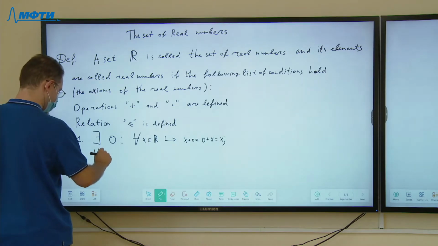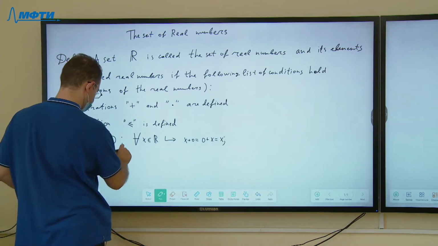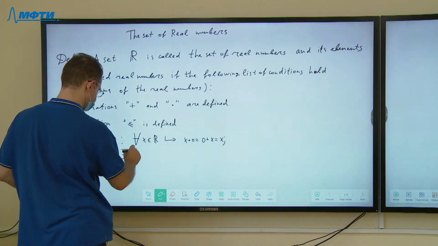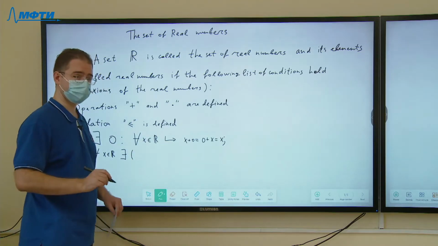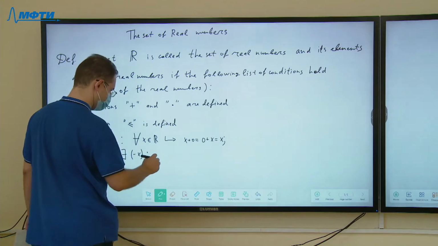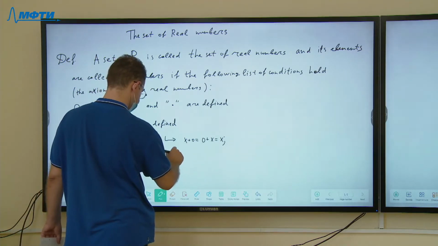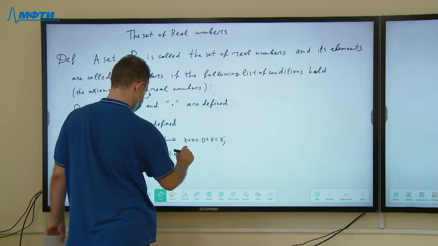For any real x, there exists an element that I will call negative x, such that x plus negative x equals 0.